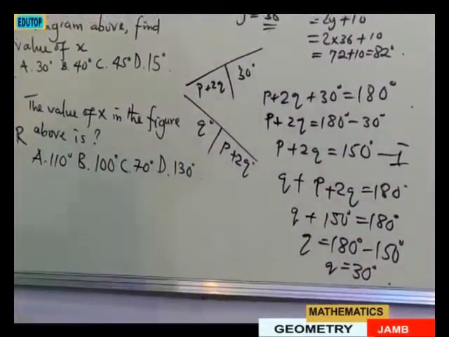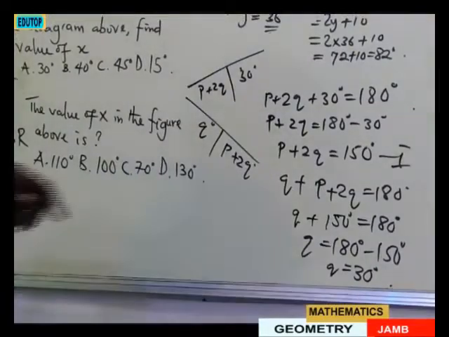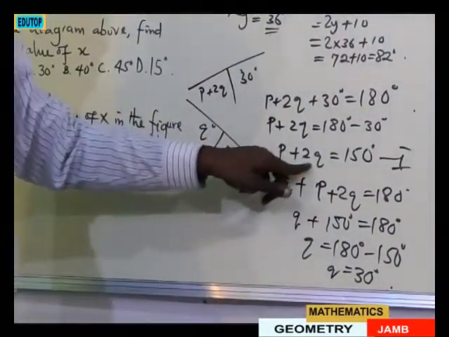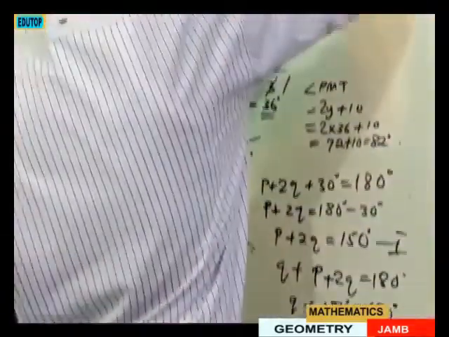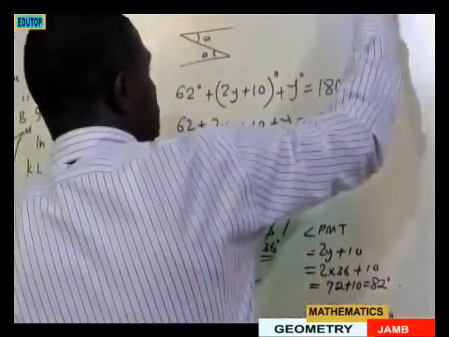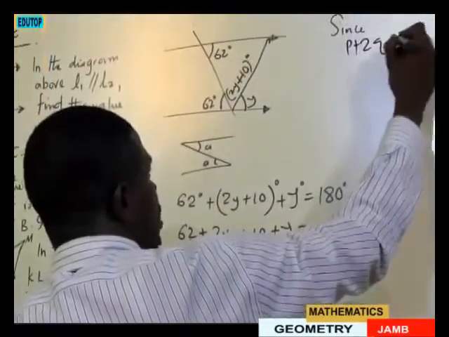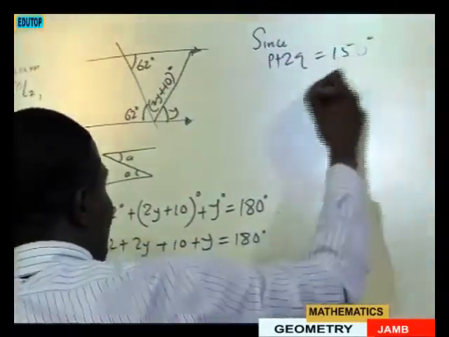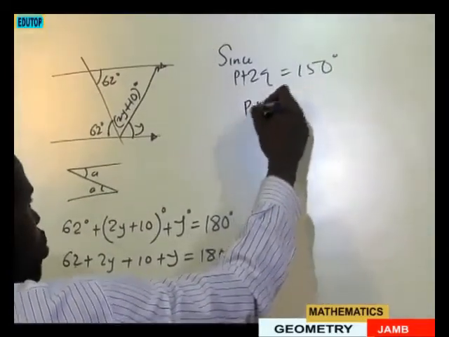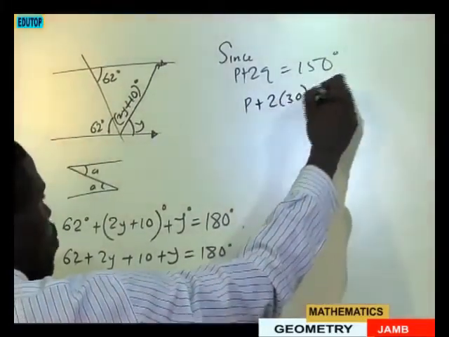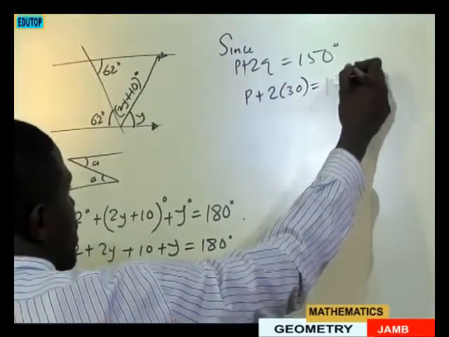And since my Q is 30 degrees, and I know that P plus 2Q is equal to what? 150 degrees. So I can say that since P plus 2Q is equal to 150 degrees and my Q is 30 degrees, P plus 2 into 30 will give me 150 degrees.